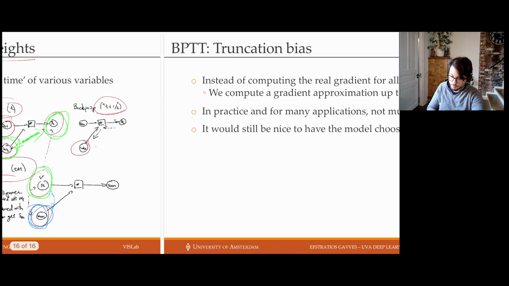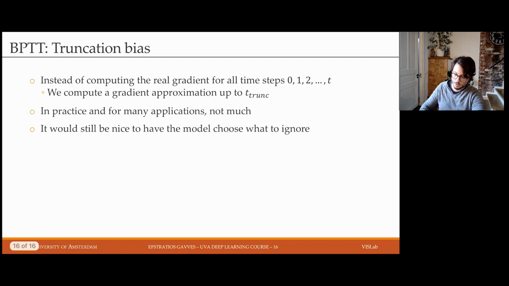As we explained before, in practice what we often do is truncate our sequences at a maximum length. Of course if it's shorter, that's okay, but it shouldn't go longer than a particular number of time steps. Why is that a problem? Because obviously we don't compute the full gradient, we compute the gradient up to that truncation point, and this means that we don't really have the real gradient, we've got an approximation of the gradient.